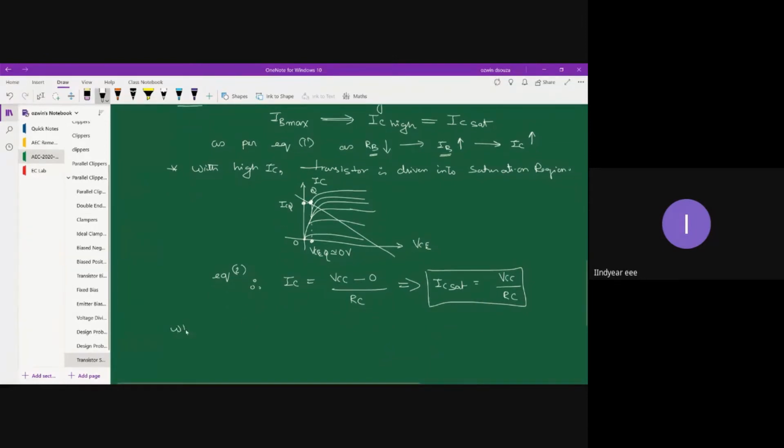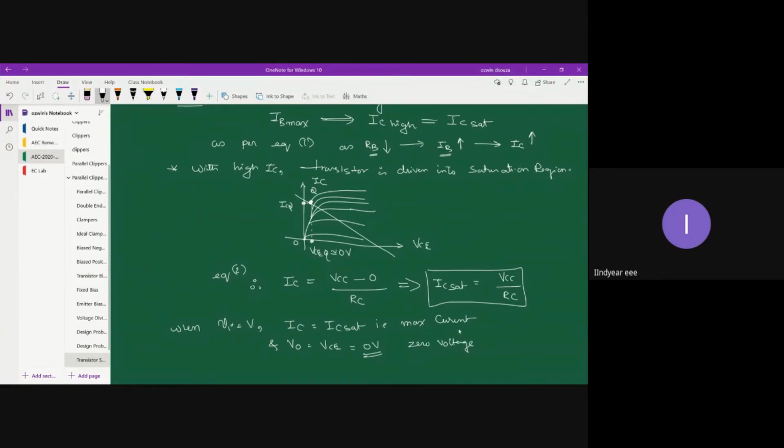So when VI is equal to V, IC is IC saturation. That is maximum current. And V naught, that is the output voltage, which is nothing but VCE, is equal to 0 volts.